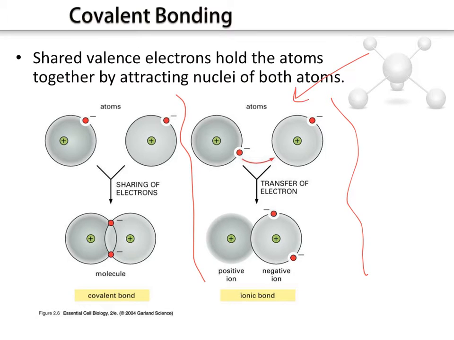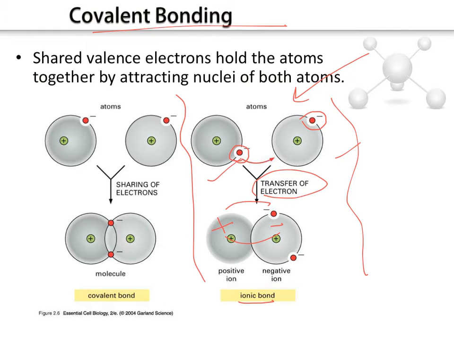So this is kind of an abbreviated form, and I showed that the valence electrons are the ones involved in chemical bonding, that ionic bonding involves a complete transfer of an electron from the metal to the nonmetal, and that what you end up with is a cation and an anion that are electrostatically attracted to one another.